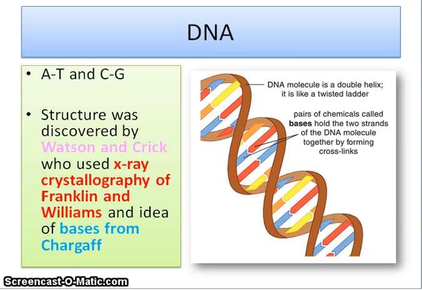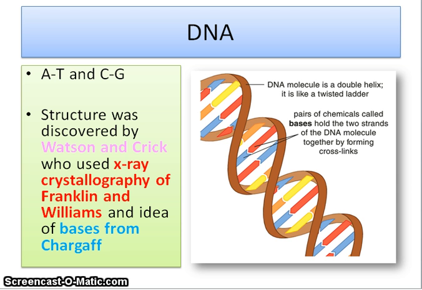If we look at DNA more closely, you'll see that it's made up of four bases or pairs of chemicals. You have A and T, adenine and thymine, and C and G, cytosine and guanine.